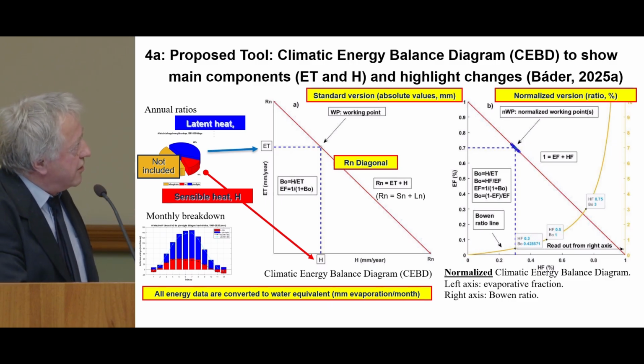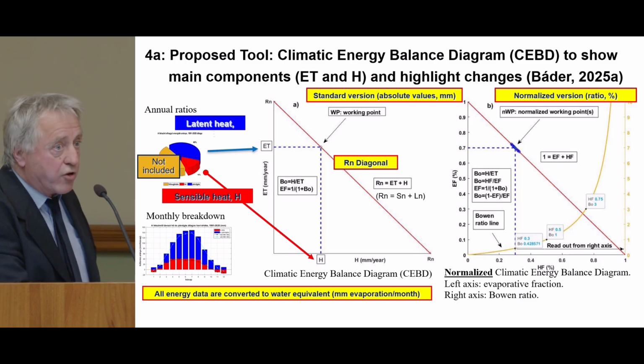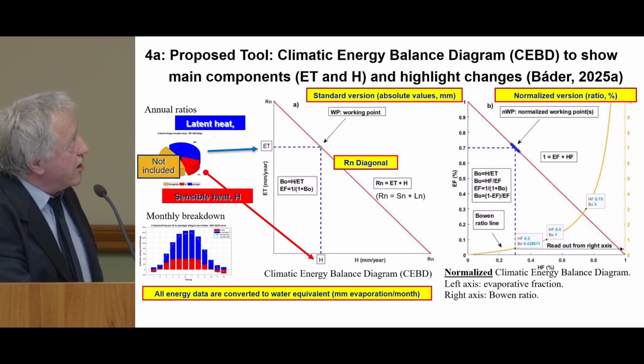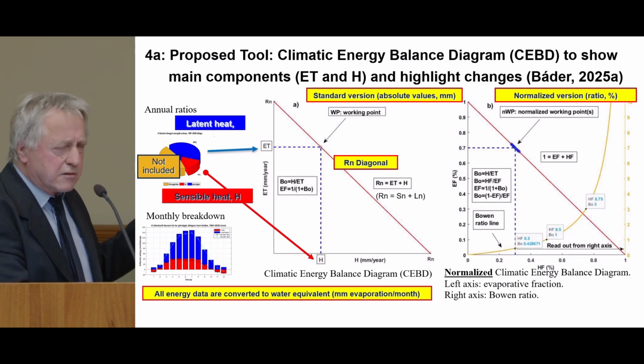My suggestion is a very simple tool. If we just look at the two dynamic components, heat and evaporation, then the total can be shown on a chart where the ratio of the two can be seen as a working point. If this working point is at a certain place, then we understand the changes.